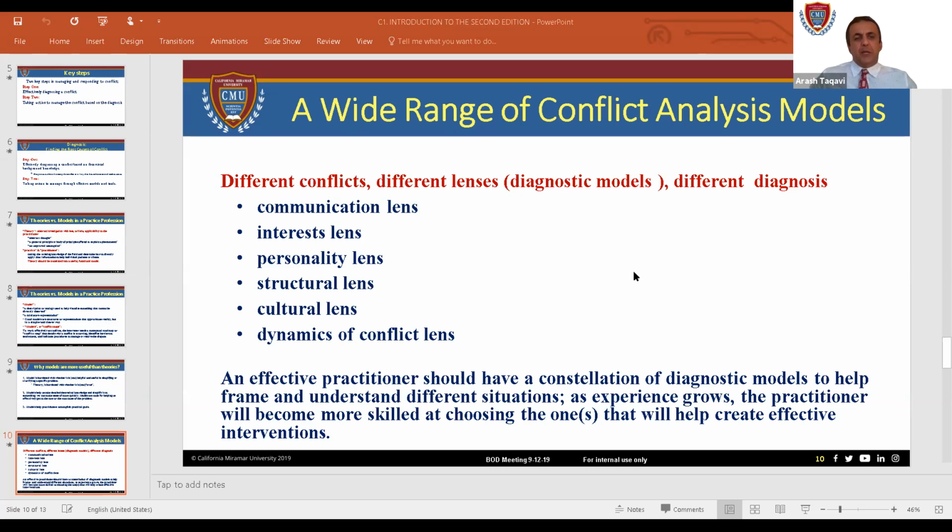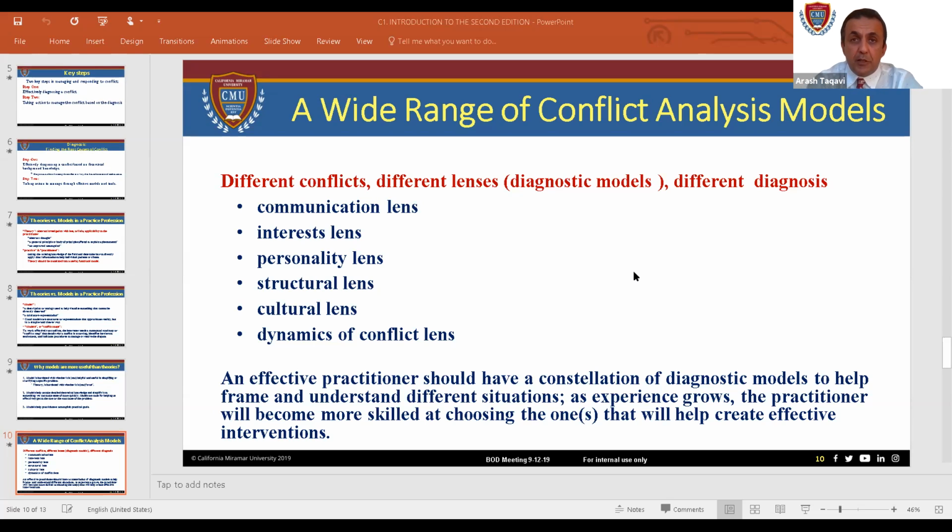But there's an interesting issue that you should consider when you want to work with conflicts, especially, for example, with your textbook. In the first edition, you have 8 models. In this second edition, after I think about 10 years, or maybe less than 10 years, you have 9 models.